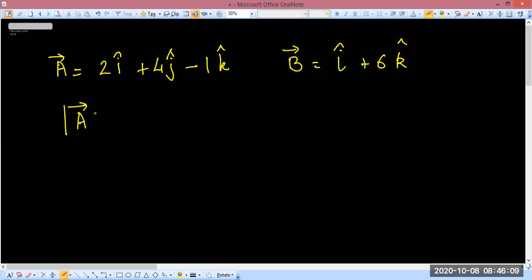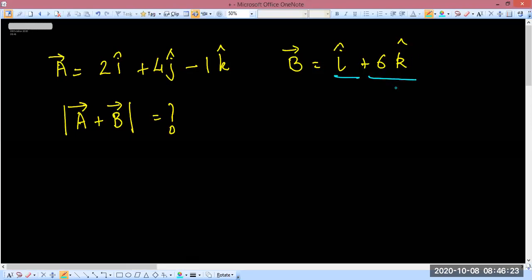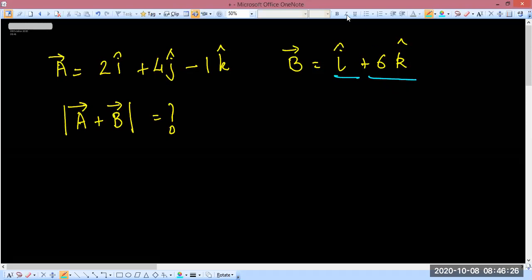Come on, can you find this, everyone? Hurry up. Look at this carefully. Can you find the magnitude of A vector plus B vector? And I want the answer in root. The final answer will be the root of something, so let's leave it like that.